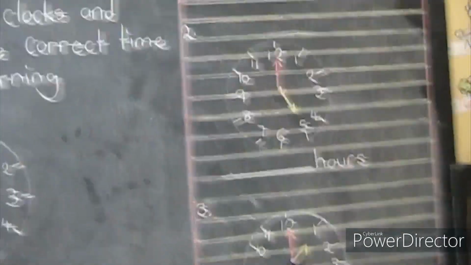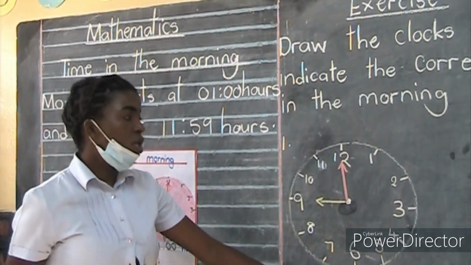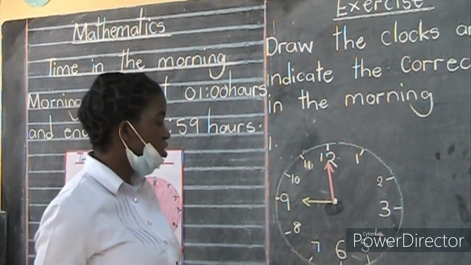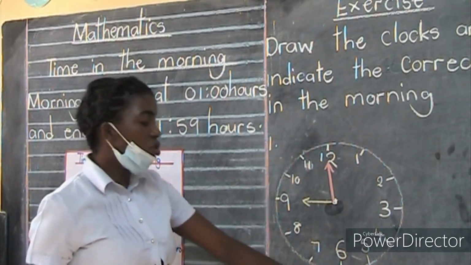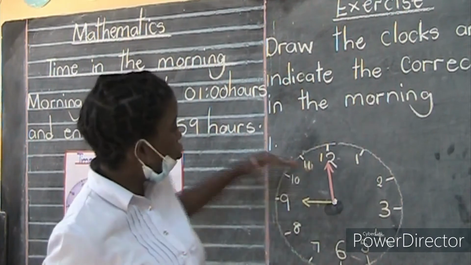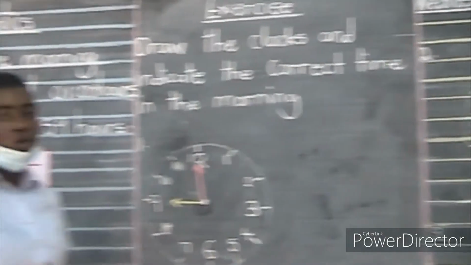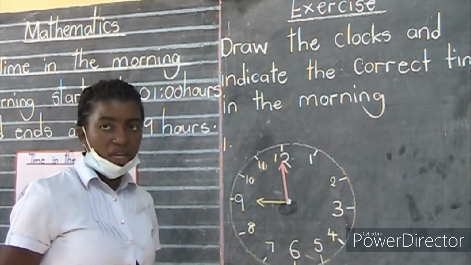So now for the exercise, we are going to draw these clocks that are on the board and we are going to write the time below. If it is pointing at a single digit number, you start by writing a 0 there. Then you write the number and you add 2 zeros. Then you also tell time. So we've got 1, 2, and 3. Always remember, the first number that you write is where the shorthand is pointing. Do not follow the long hand, but the shorthand.